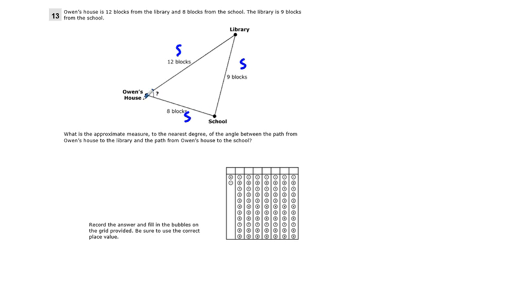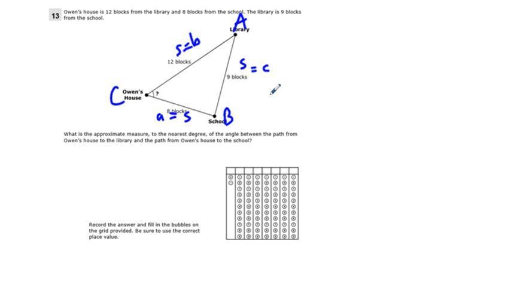We want to find this angle over here, so we'll call this angle C. This 9 here, we'll call it side C, opposite angle C. We'll call this school angle B, and the 12 blocks will be side B. Then library will be at A, and the 8 blocks here is going to be side A.